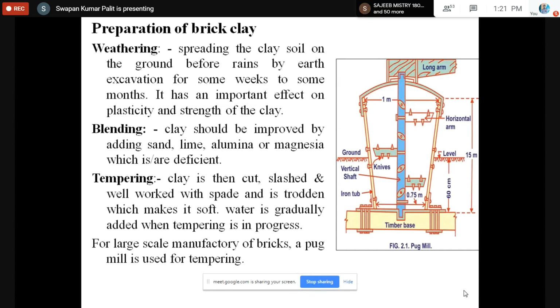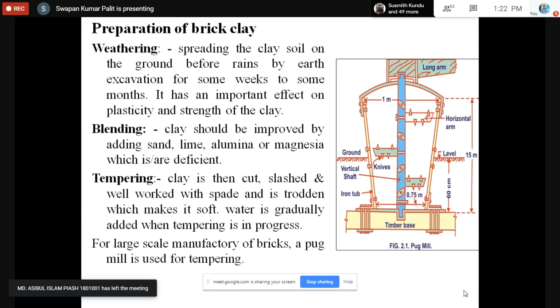So if it is less than, suppose 50%, then what we have to do? Another around 5% or 6% you have to add there. Adding in the brick clay is known as blending. Similarly, alumina may also be in less percentage, or magnesia, which are deficient. This should be added for improving the clay particle.